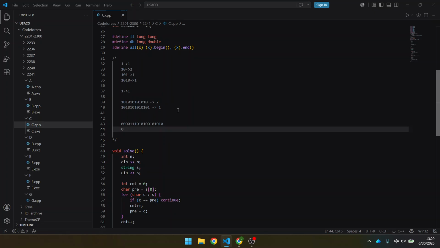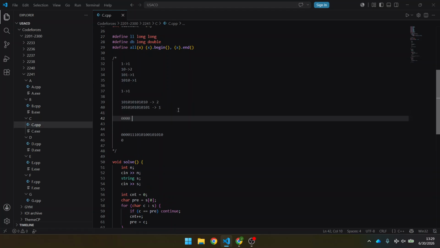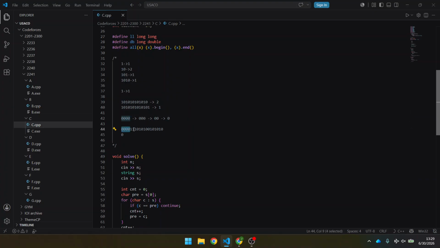This can be reduced to a single zero because 0, 0, 0, 0 can be reduced to 0, 0, 0, which can be reduced to 0, 0, which can be reduced to 0. So this becomes 0, and 1, 1, 1 becomes 1, and then it's 0, and then 1, and so on. Basically just simplify this, which is easily doable.